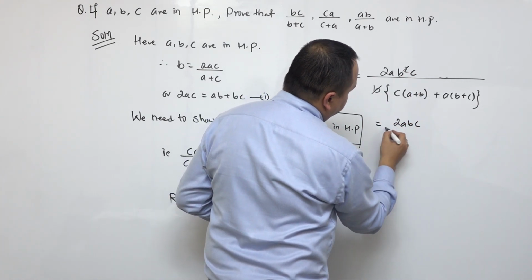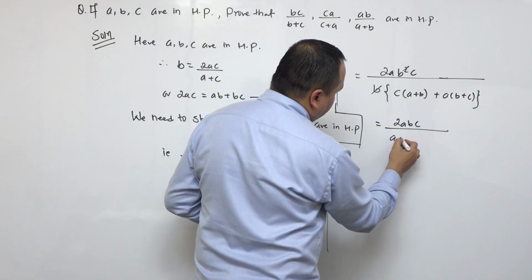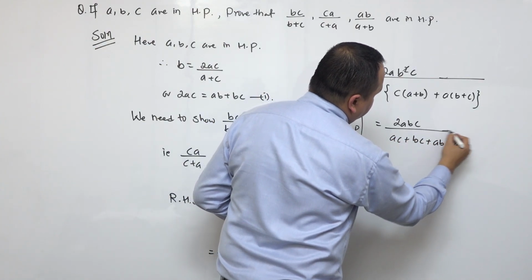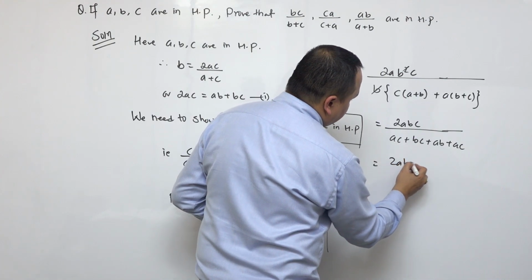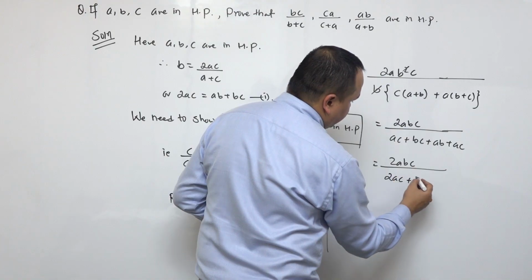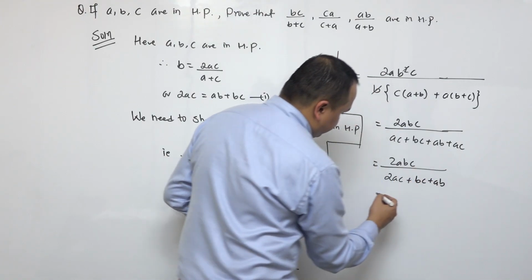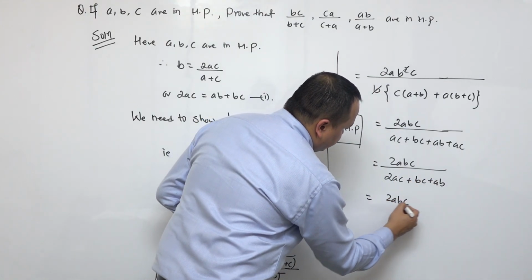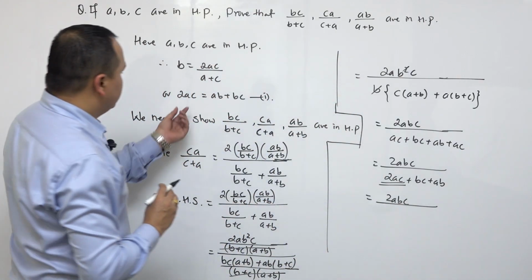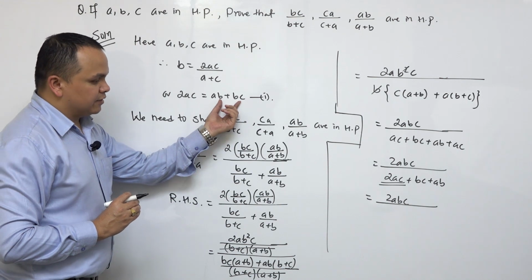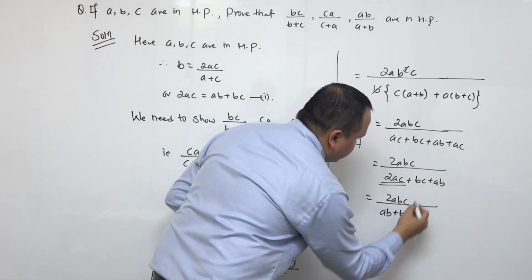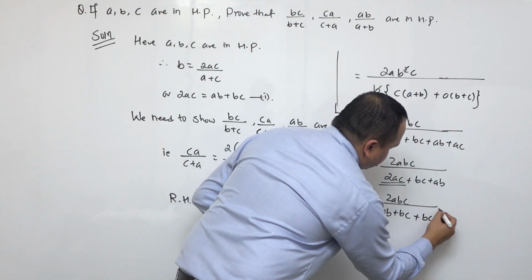The 2ABC upon AC plus BC, AB plus AC. This is 2ABC upon 2AC, the BC plus AB. We have 2AC is equal to AB plus BC, and BC plus AB again.